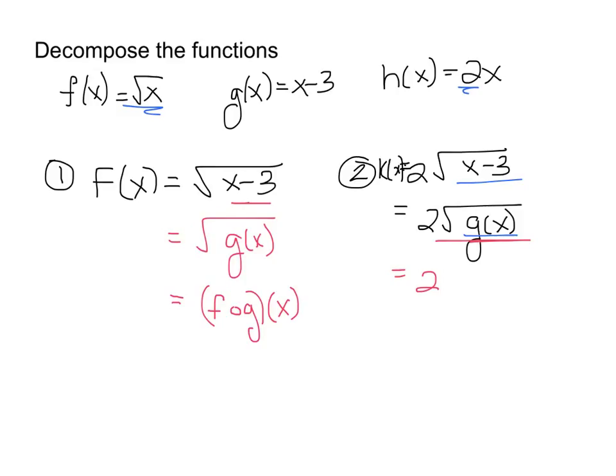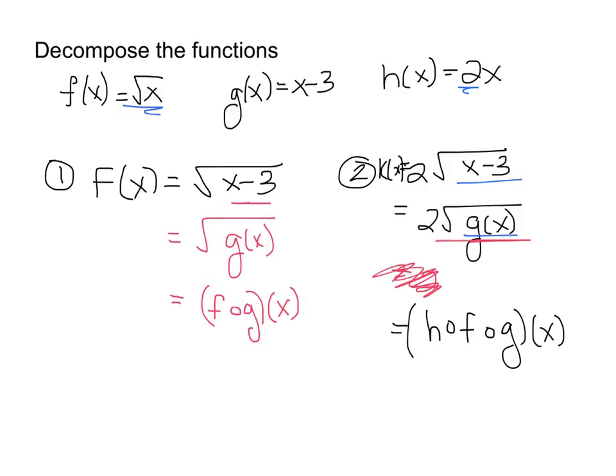And then after we've applied the square root, we want to think about multiplying that by 2. So my claim is that this is equal to h composed with f composed with g of x.